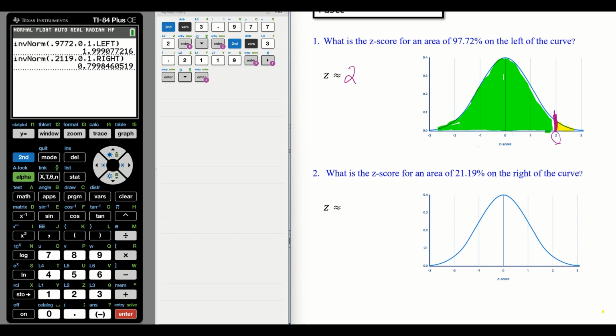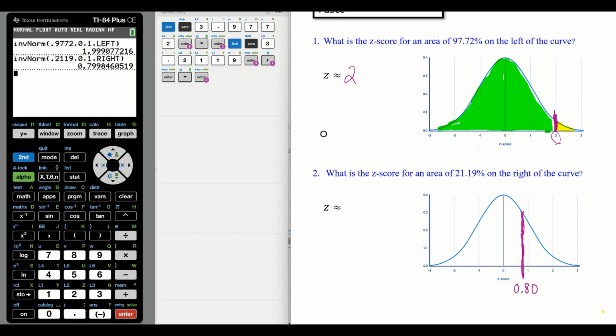So we have 0.80. Where would that be? Well, there's our 1 right there. So we're looking at 0.80 somewhere in here. We're going to pretend like I can draw. So there's our z-score. I don't have to underline.